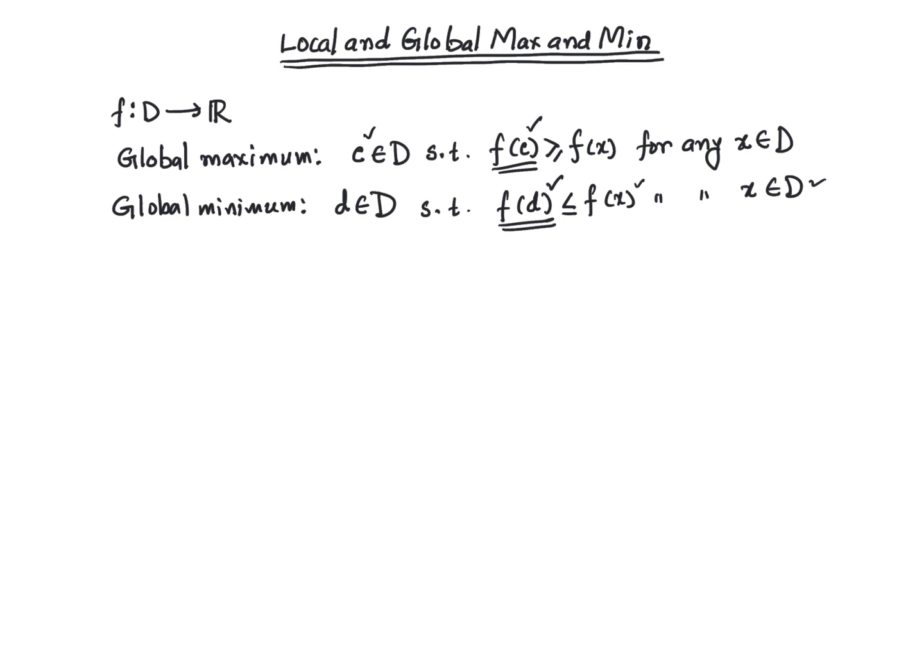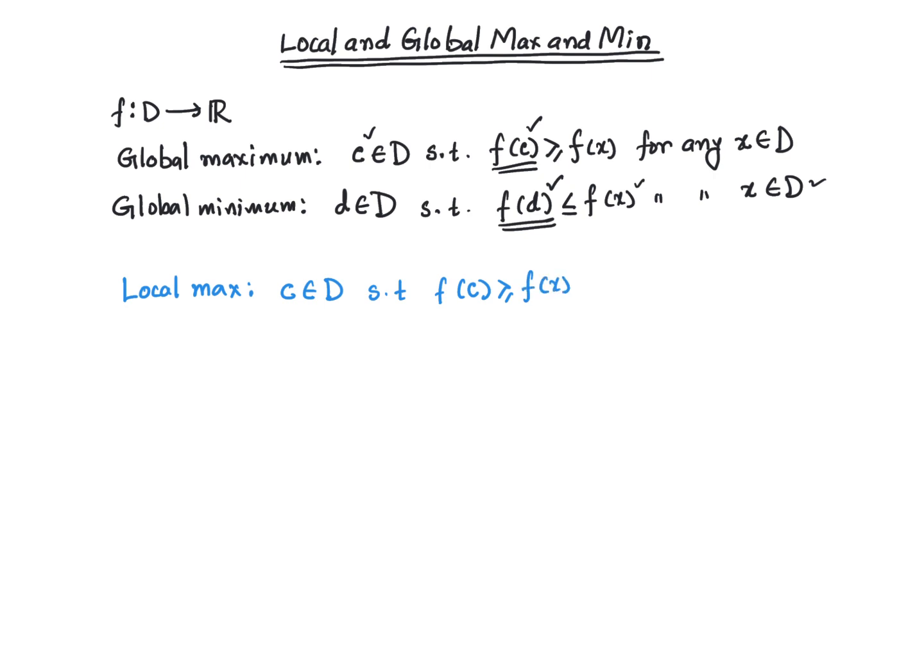Now let's go ahead and define local maximum and local minimum. So let's say we define local max. Again, we find a point C in the domain D such that f of C is greater than or equal to f of x.